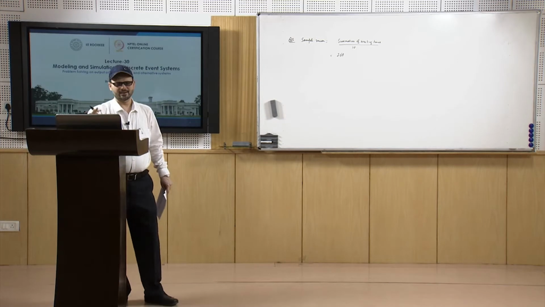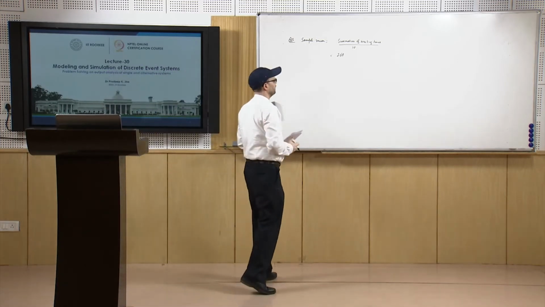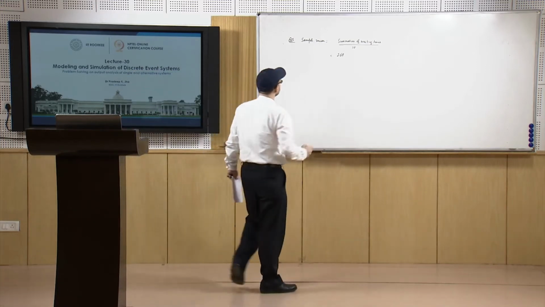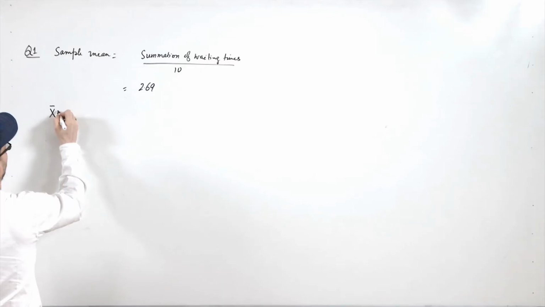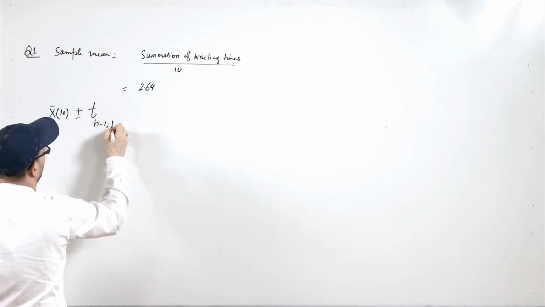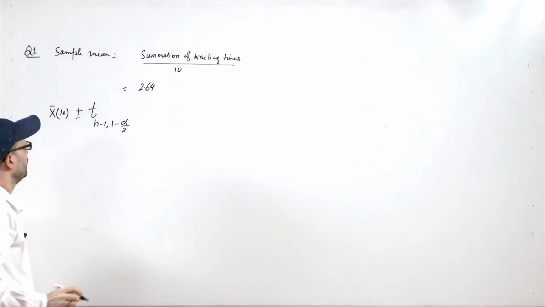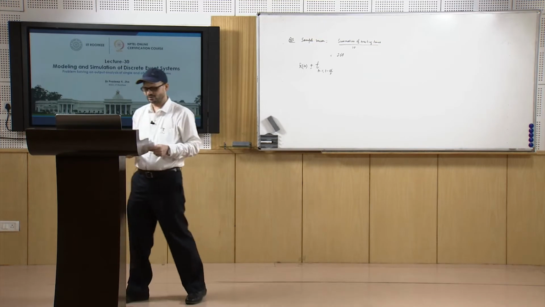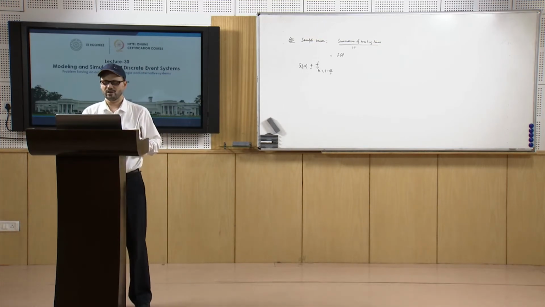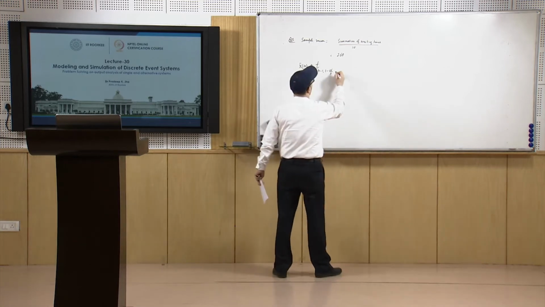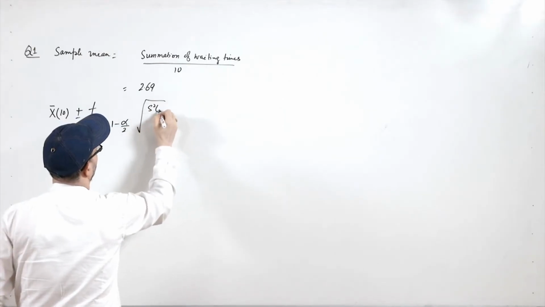Then what will be the confidence interval? That we have to find. We know that it will be given by x bar 10 plus minus t n minus 1, 1 minus alpha by 2. After the sample mean we have to find the sample variance, s square n.